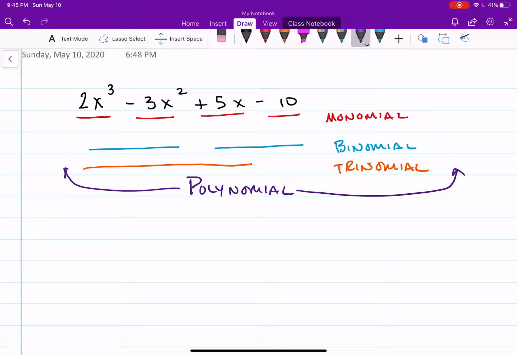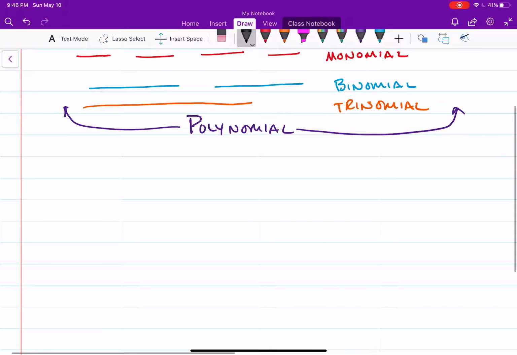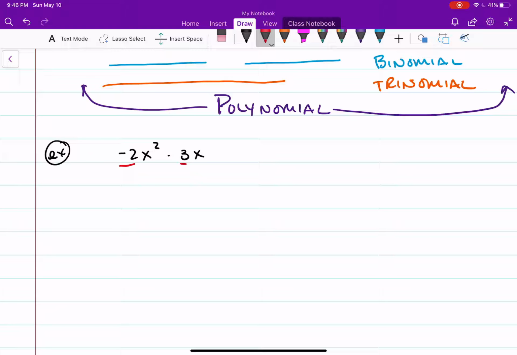All right? So now we're going to talk about multiplying. If we multiply monomials, we bring in the same rules as we had with exponents. So let's say, for example, negative 2x squared times 3x. We multiply the numbers by themselves and get negative 6.